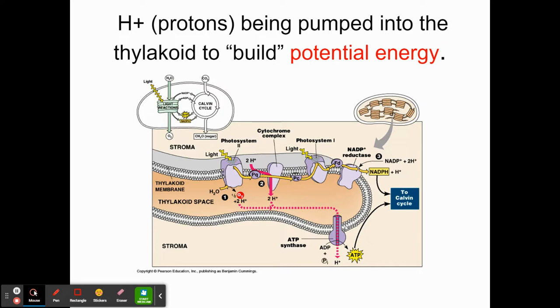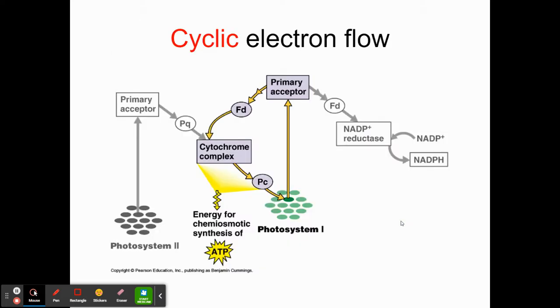And this specialized transport protein is going to basically take ADP, adenosine diphosphate, plus a free inorganic phosphate and create ATP. Both of these processes, reduction of NADP and production of ATP, are going to occur in the stroma, which is where the Calvin cycle is.